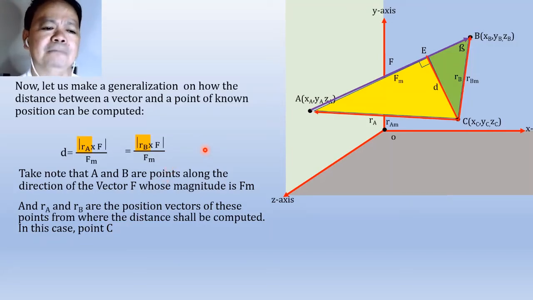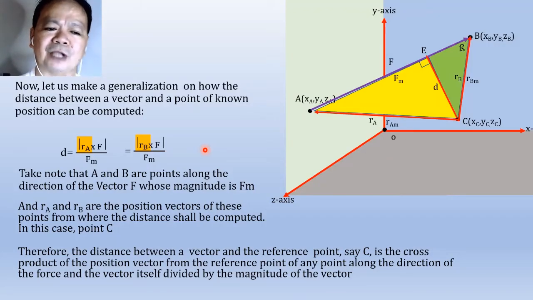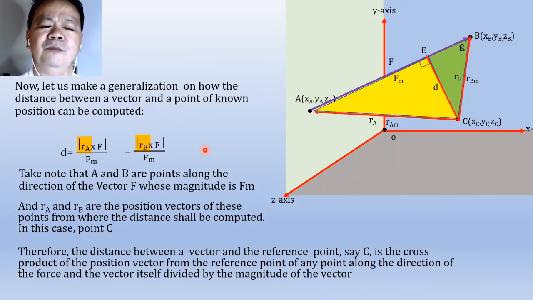This can be said: the distance between a vector and a reference point, in our case we will be calling it C, is the cross product of the position vector from the reference point to any point along the direction of the force and the vector itself, divided by the magnitude of the vector. Sabi nga, yun daw distance between the vector and the point is equal to the cross product of the position vector of any point.